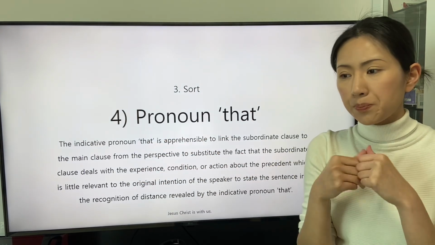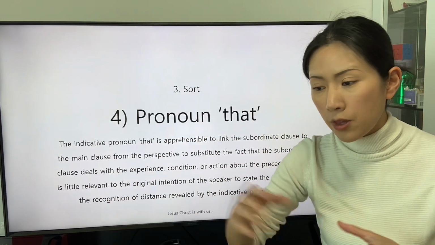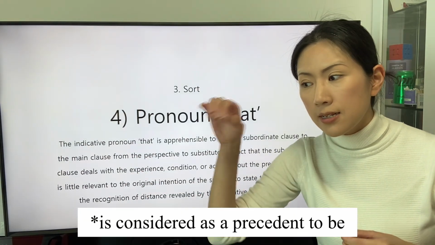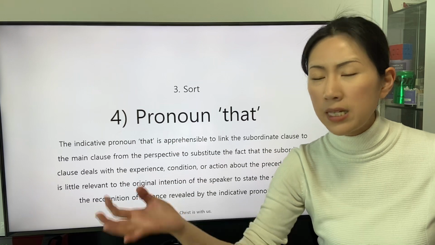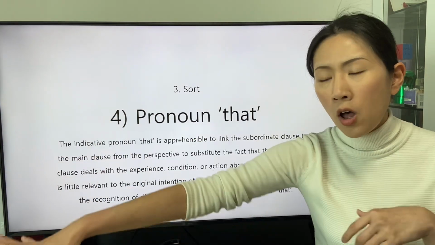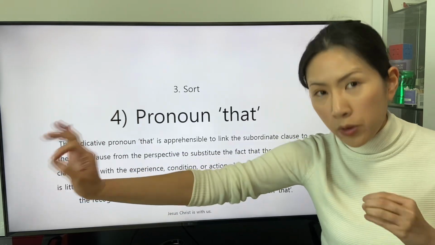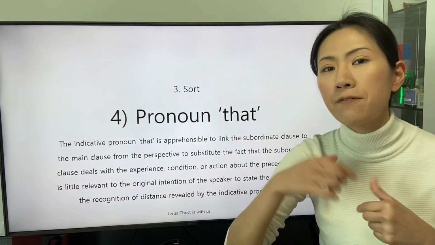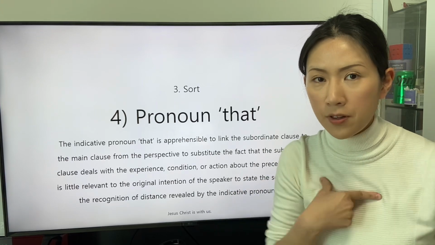The speaker states the main clause at first. One of the indications can be described in the subordinate clause. The statement in the subordinate clause can be a little far from the original intention of the speaker.